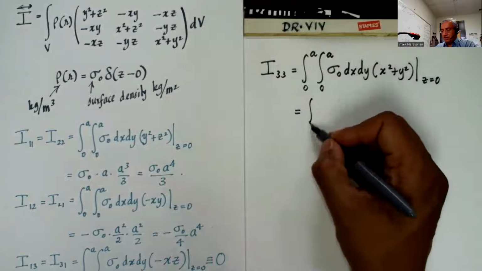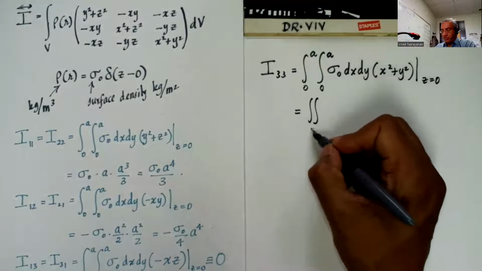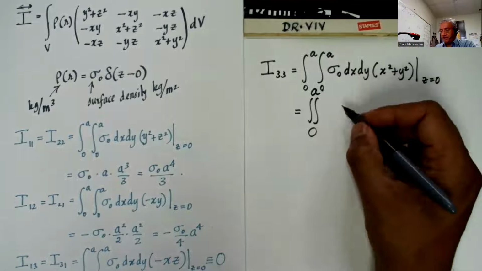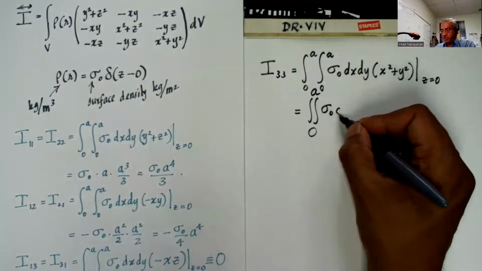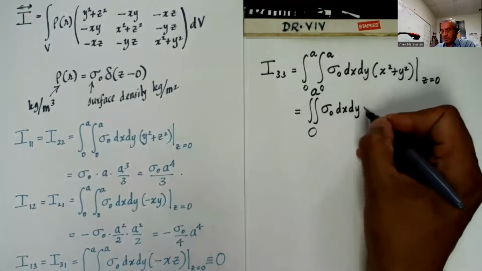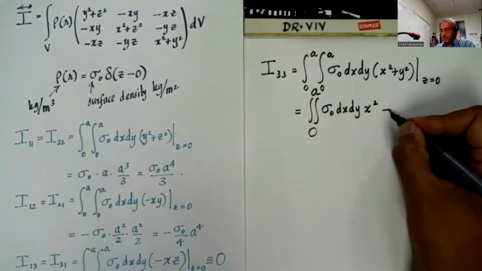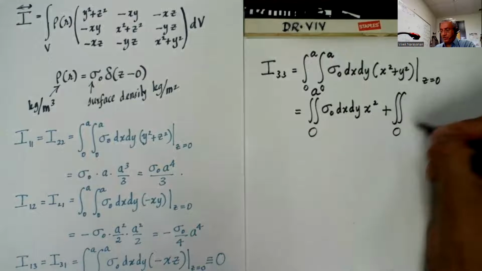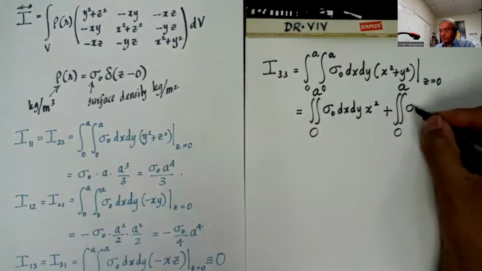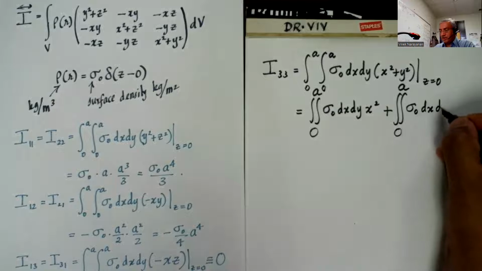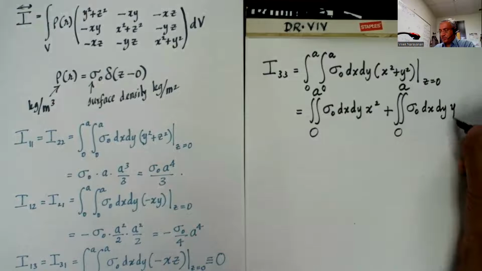So it's going to be, I'll go back to my big 0 and big A notation. Sigma naught dx dy x squared plus big 0 to big A, sigma naught dx dy y squared.